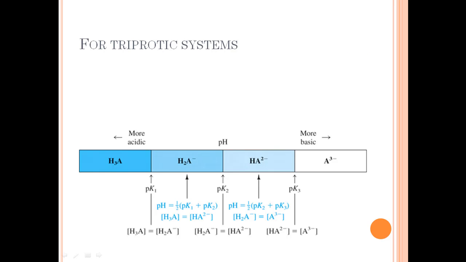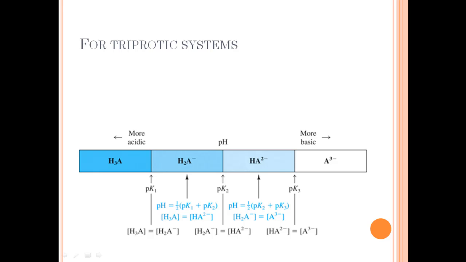And of course, we can't leave out triprotic systems. So this is the chart that you would use if you're trying to figure out what's the predominant species in a triprotic system. Realizing that, of course, instead of 2 pKa's, now there are 3 pK values. So you can just figure out that if your pH is less than the pK1 value, then obviously the H3A form is going to predominate.